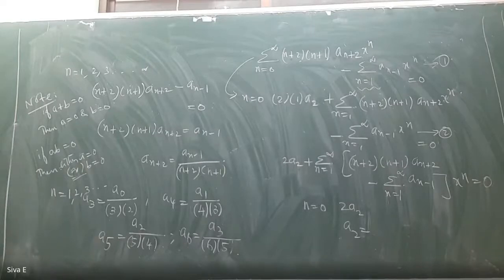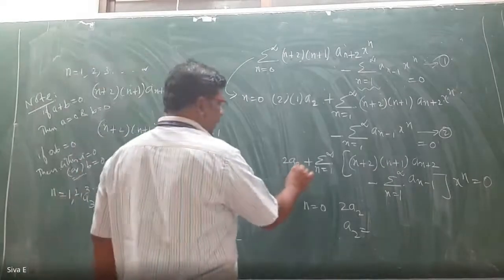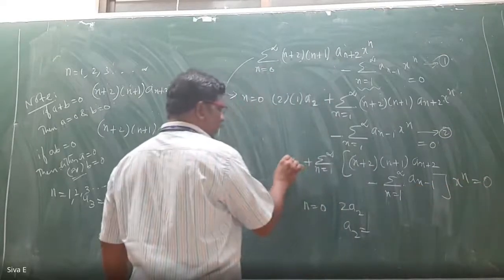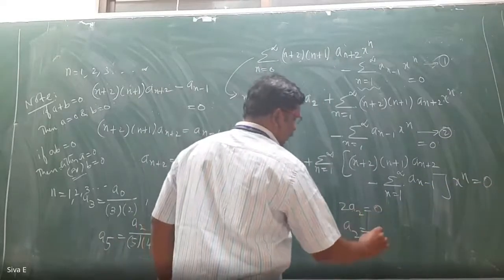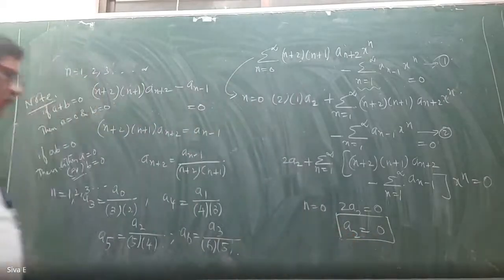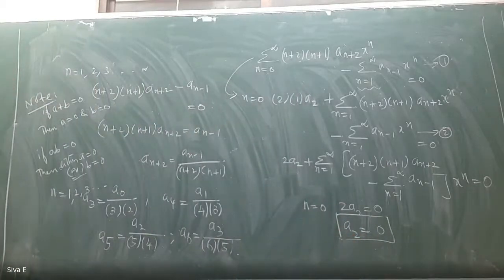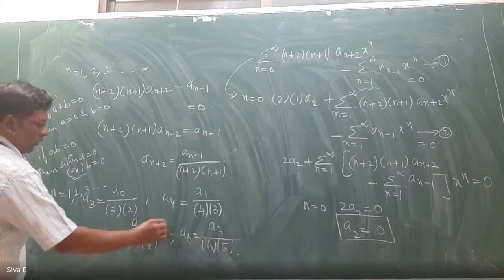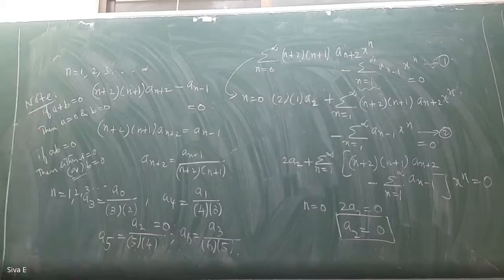Similarly here, if you take this as a and this as b, both of them equal to 0, then compulsorily a2 equal to 0. Write down: a2 equal to 0. So a5 equal to a2 by 5 into 4, therefore a5 equal to 0.